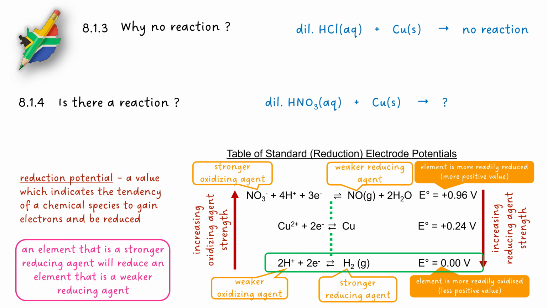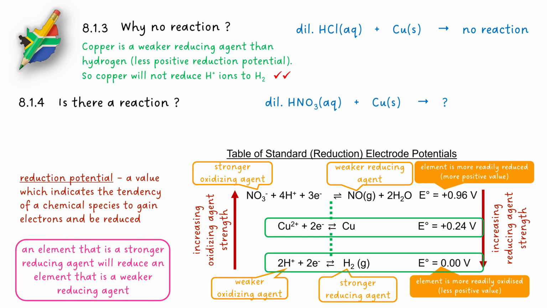So, when dilute hydrochloric acid, which contains hydrogen ions, and copper are put together, no reaction will occur. This is because copper is a weaker reducing agent than hydrogen, and so cannot reduce hydrogen ions to hydrogen gas.